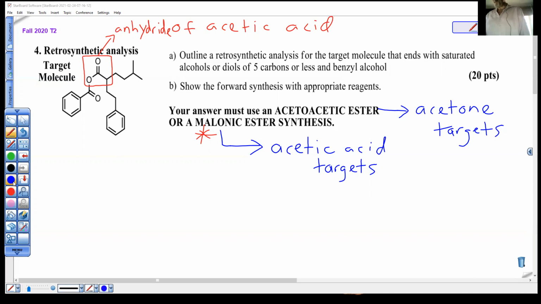Anhydrides are made from an acid halide and a carboxylate. You can go either direction. They're perfectly acceptable, each one. So on this example, for no particular reason, I'm choosing this to be the acid halide, and the carboxylate will be our acetic acid derivative.